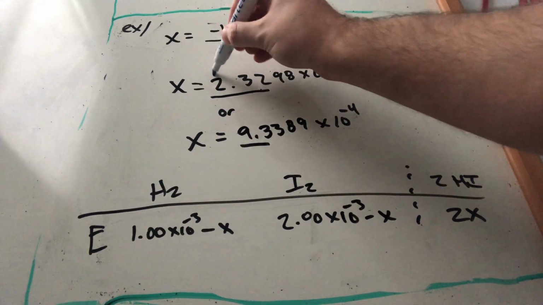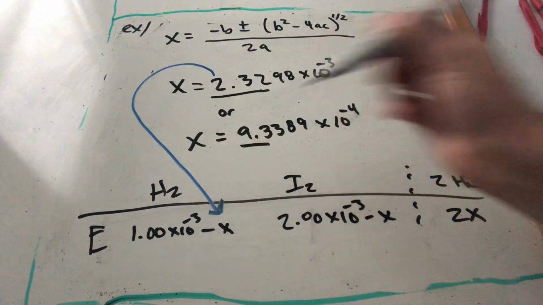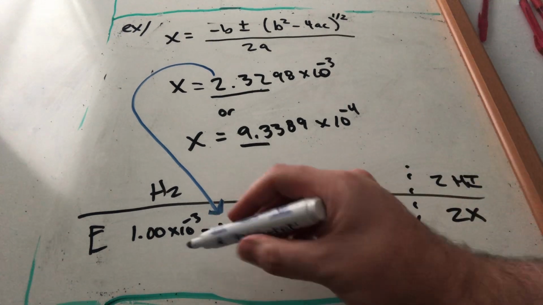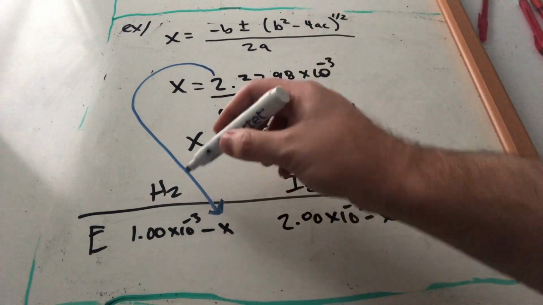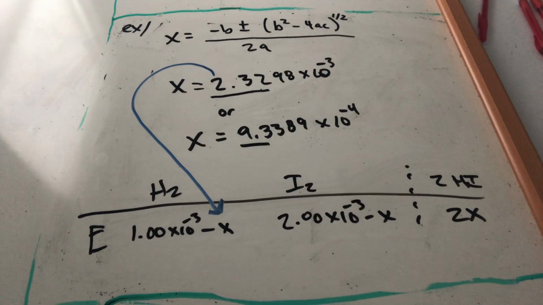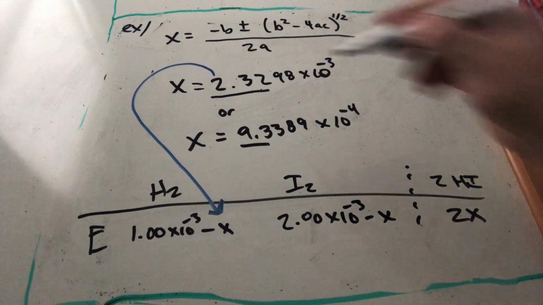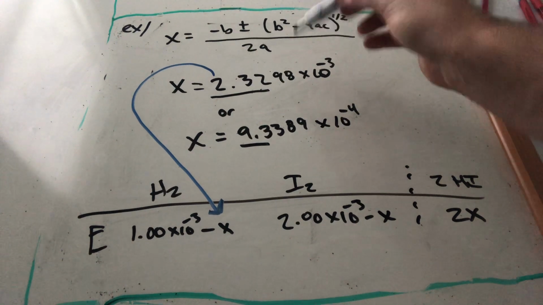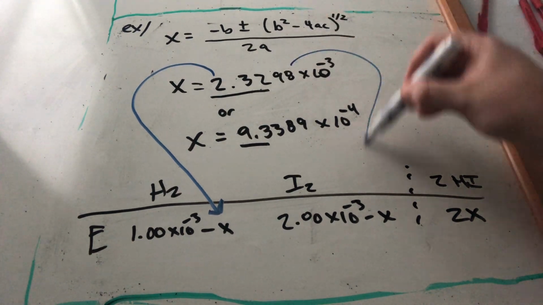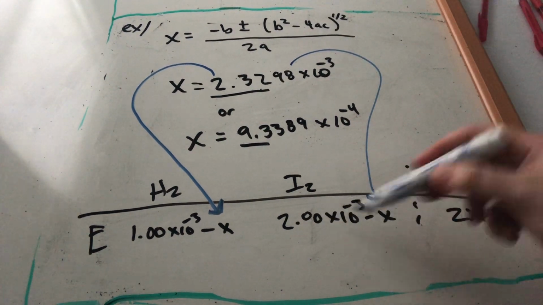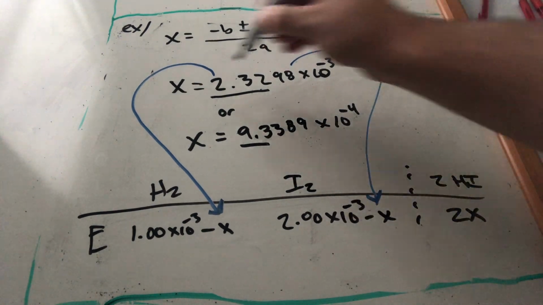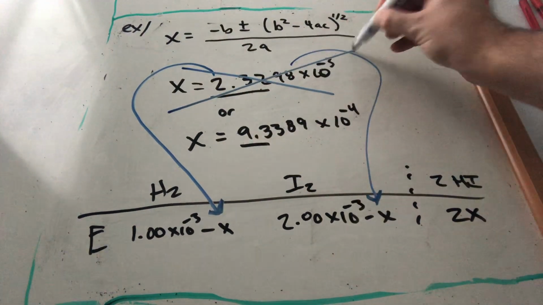If I take this x and I plug it in here, and you can even do it in your calculator, what you're going to get with this x is a negative concentration for H2 at equilibrium. And that doesn't make sense at all. The lowest concentration you get for H2 is it all goes away. So this x right here, there's no way that it can be valid. Even if you plug it in here, what are you going to get? You're going to get something that's negative. So this x is no good.